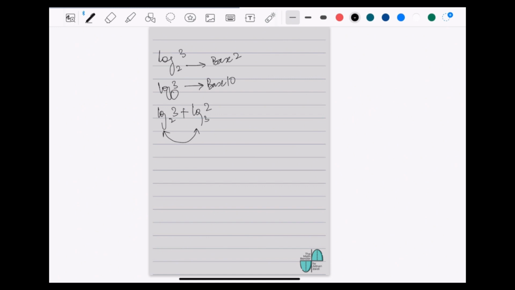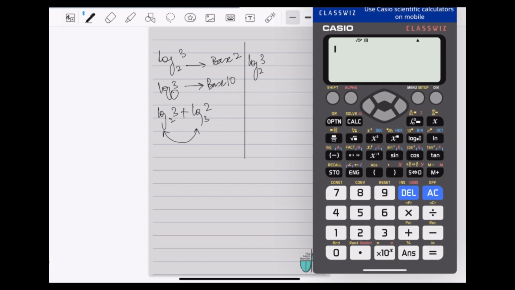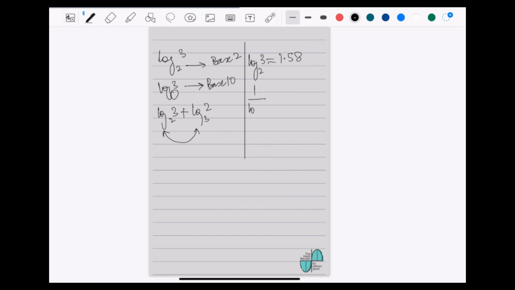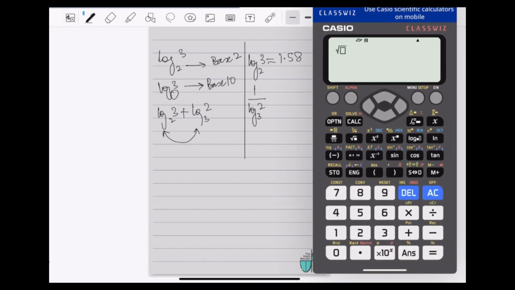If I want them to interact, they need to have the same base. So if I see log 2 of 3, let me write down the value. Log 2 of 3 can be written as 1.58. This can also be written as 1 over log 3 of 2 as a denominator.